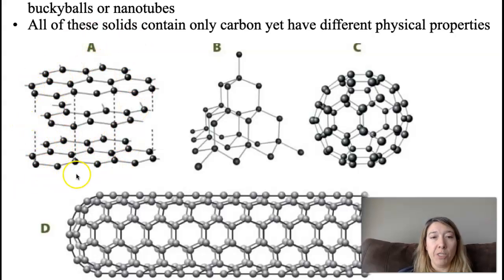So this first image here, A, is graphite. Anytime you're using a graphite pencil, you're basically shearing off a layer of carbon. We've talked about how carbon has 4 valence electrons, so it wants to make 4 bonds. You can see by looking at this image that we have this trigonal planar shape going on.